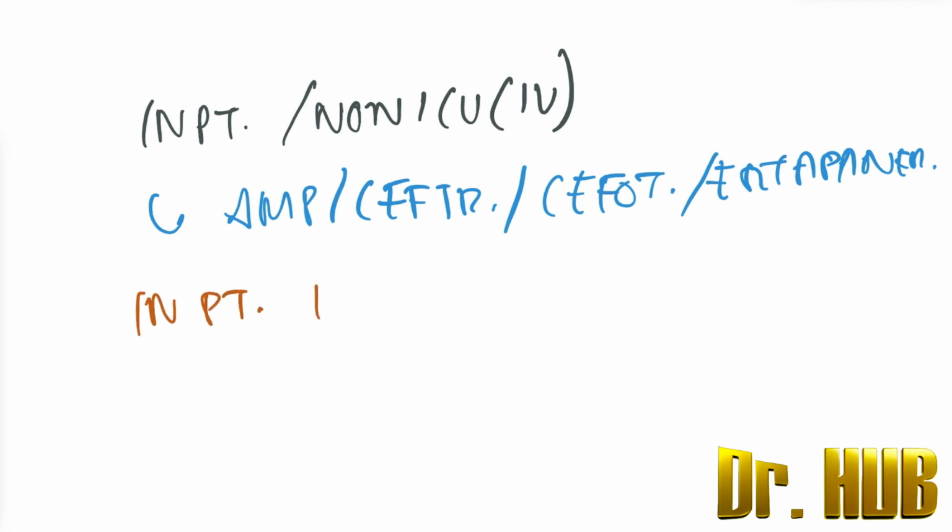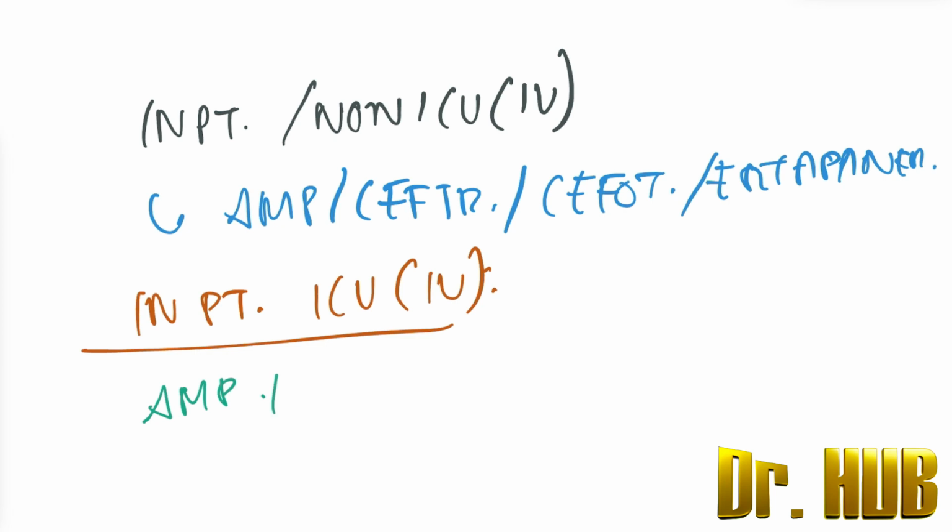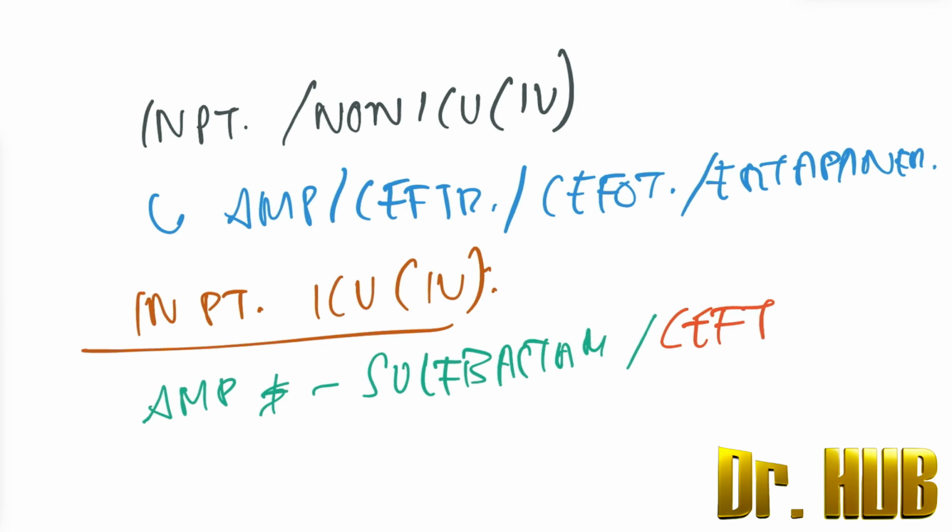Then looking at the inpatient ICU with IV, here again there is use of ampicillin plus ampicillin-sulbactam. Then there is use of ceftriaxone as well as cefotaxime.